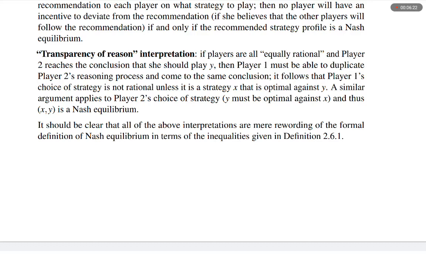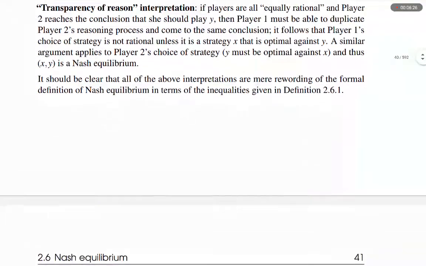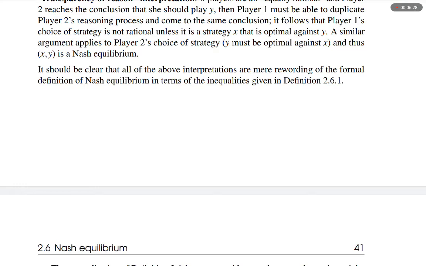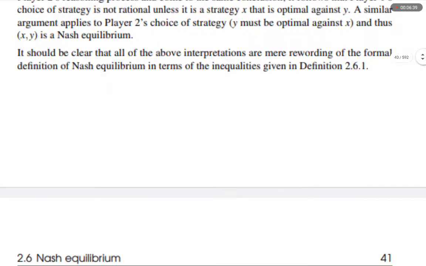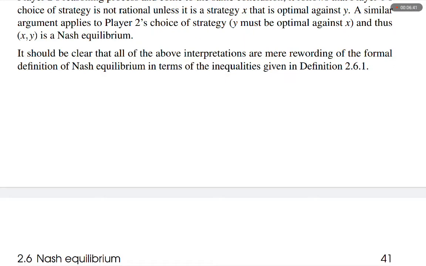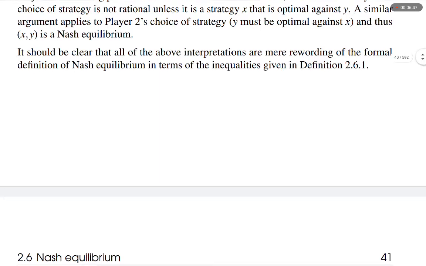It follows that player 1's choice of strategy is not rational unless it is a strategy X that is optimal against Y. A similar argument applies to player 2's choice of strategy. Y must be optimal against X, and thus the ordered pair (X, Y) is a Nash equilibrium.